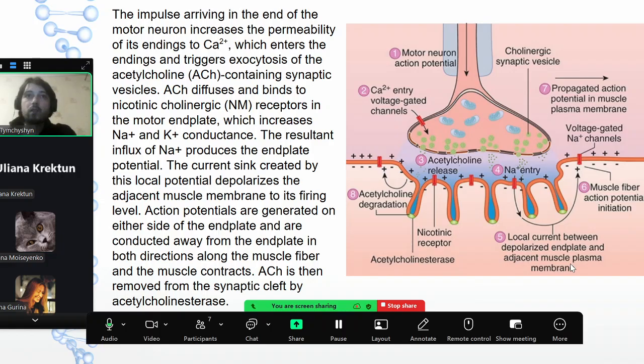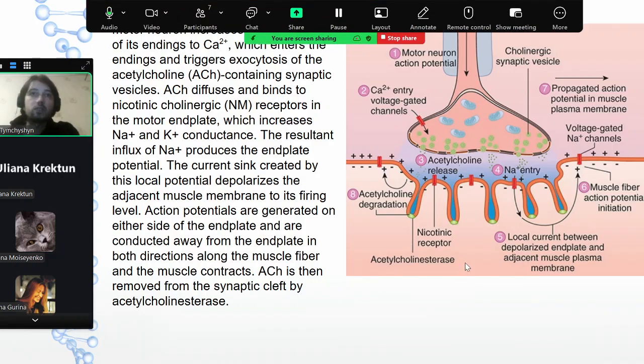So the adjacent muscle membrane is depolarized to the firing level, and action potentials are generated on either side of the end plate and conducted away from the end plate in both directions along the muscle fiber. So we are generating an action potential. It goes along the muscle fiber, and so the whole muscle fiber will know that the neuron sent us its signal, so guys, contract.